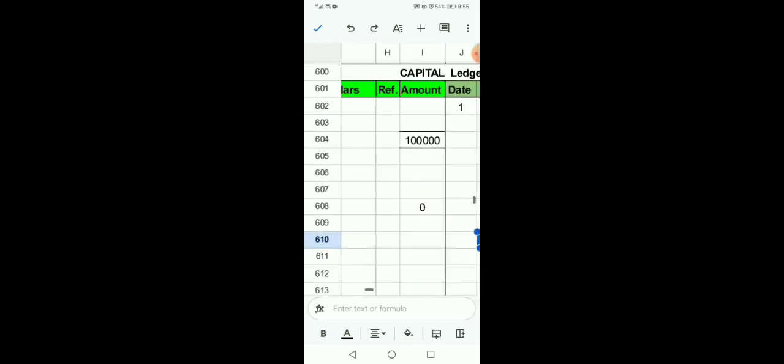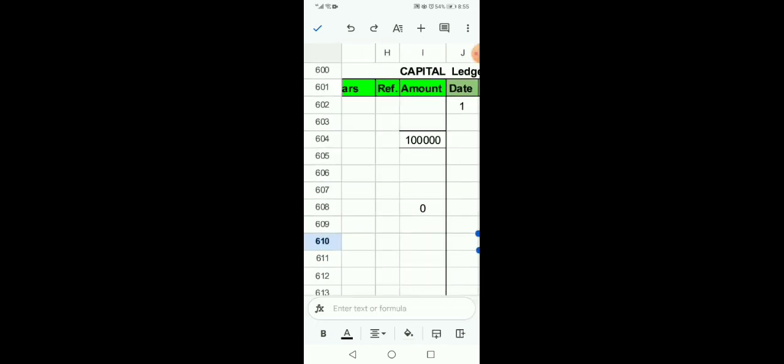Here there will be an objection. You can say total of credit side was okay, 1 lakh, but why have we written total of 1 lakh rupees on debit side while there is no amount present on debit side?